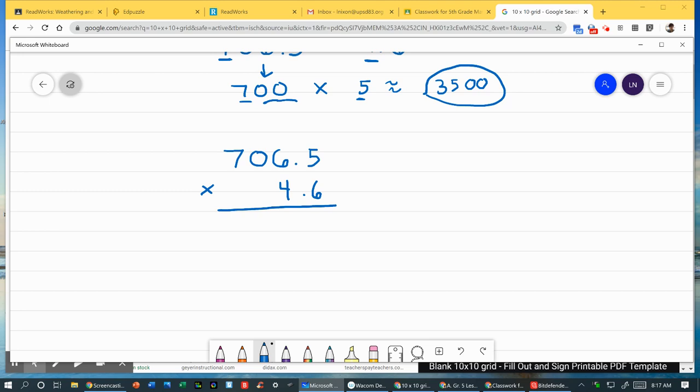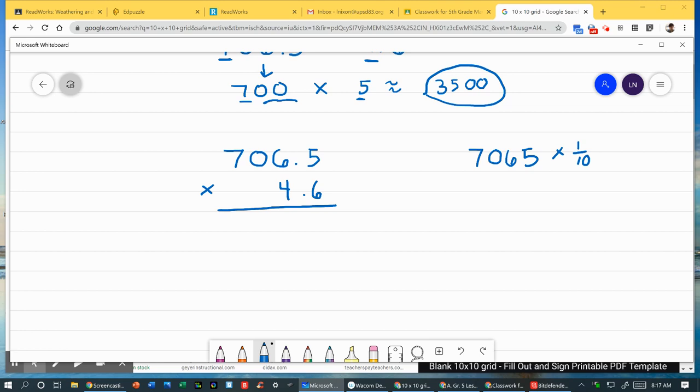Now, if you're looking at the worksheet, Classwork 1, you will see that they've done something a little interesting when they recopied this. What they did was they wrote 7,065 times 1/10. The reason why is because 706 and 5/10 is really 7,065 of those tenths, if you think back to those grids.